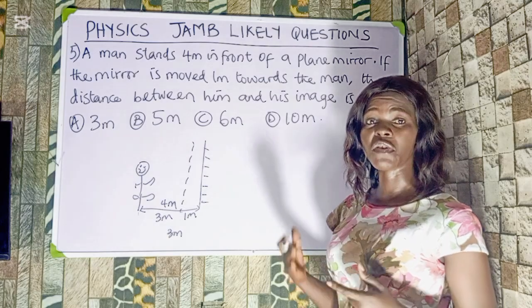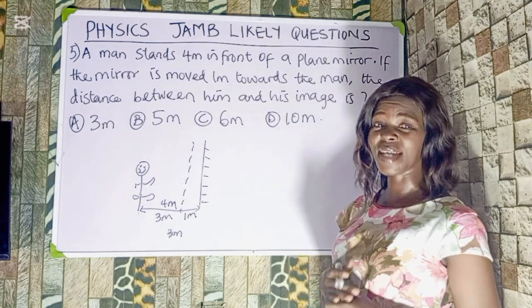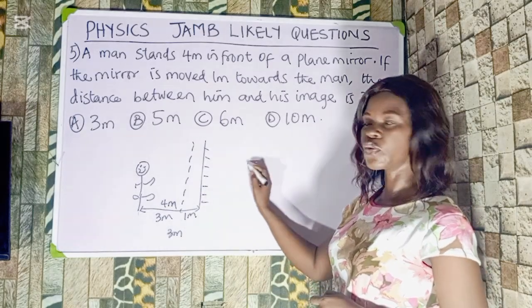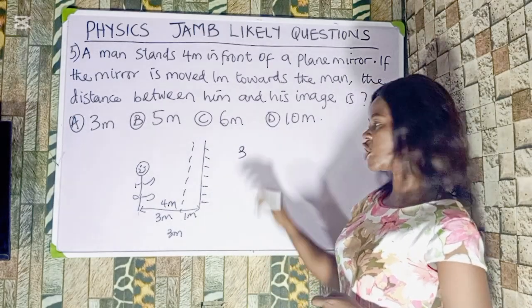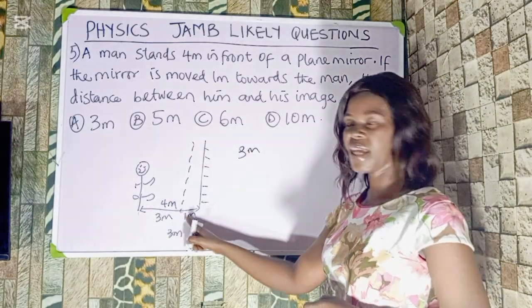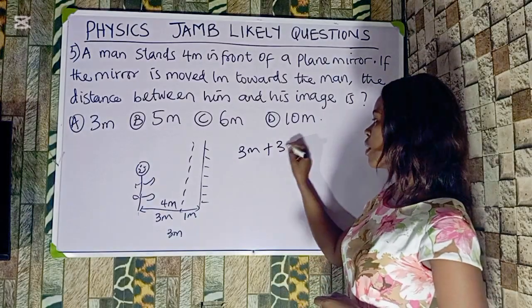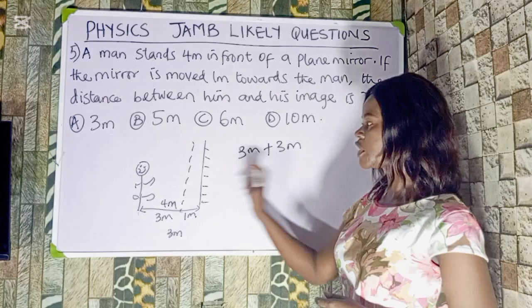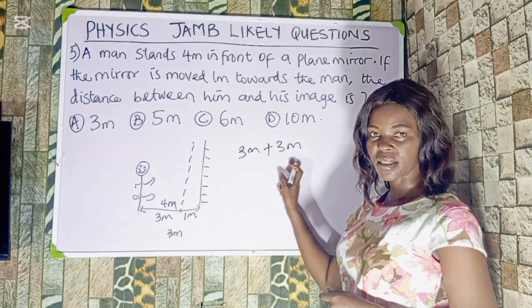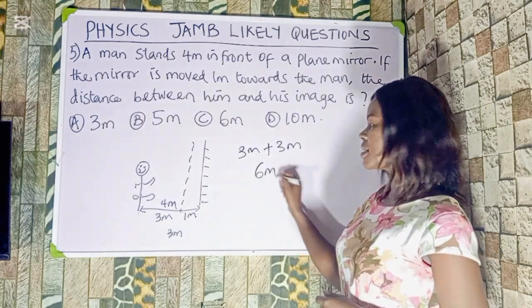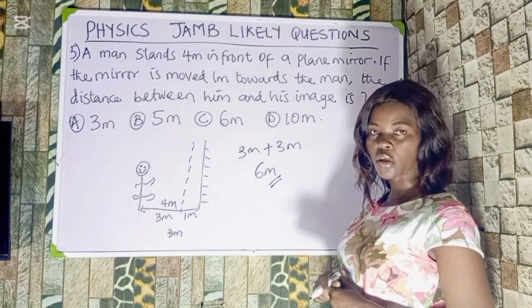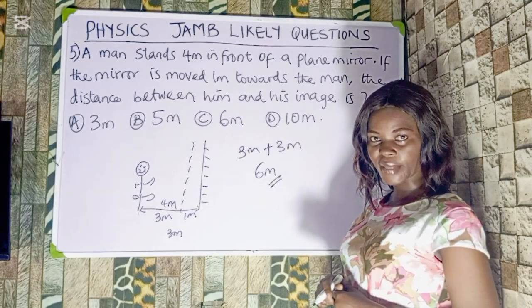Because from the characteristics of an image formed by a plane mirror, it is the same size as the object and the same distance behind the mirror. So the distance from the man to the mirror is 3 meters, plus another 3 meters for his image. That is 6 meters. Do we understand? So if we have this type of question, the correct option is option C. I hope that is clear.